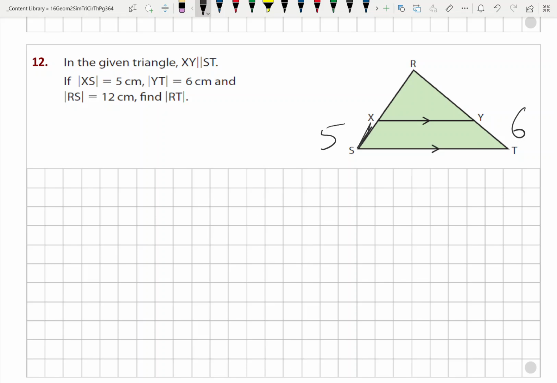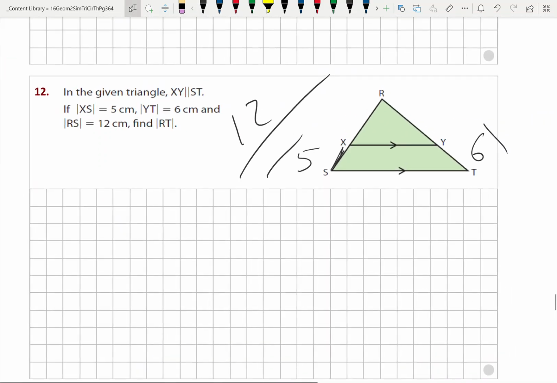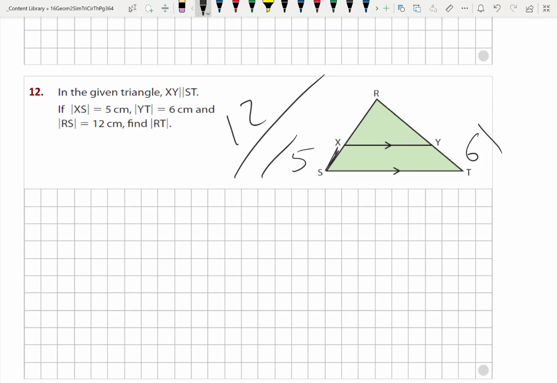R to S is 12. You can either leave that and use it, or you can say that this is 7. That's kind of redundant, so we'll leave the 12 there and a 5 here. We have a 6 here. Notice how I'm just using little indicating intervals, line segments at least, to get my thoughts together. Actually, it all is dictated by the fact that they want RT, which is this length.